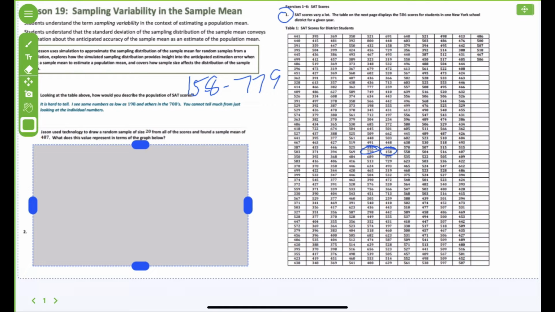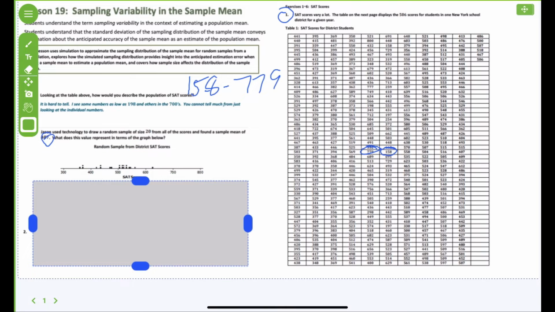B says, Jason used technology to draw a random sample of size 20 from all the scores and found a sample mean of 487. What does this value represent in terms of the graph below? So that would tell us that the mean is about right here. Does that make sense?